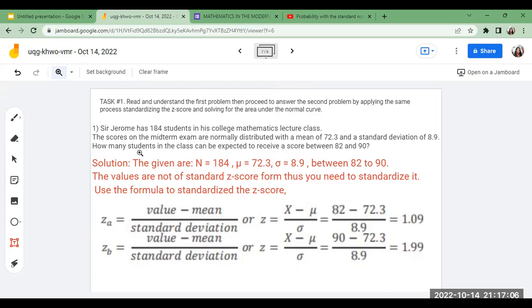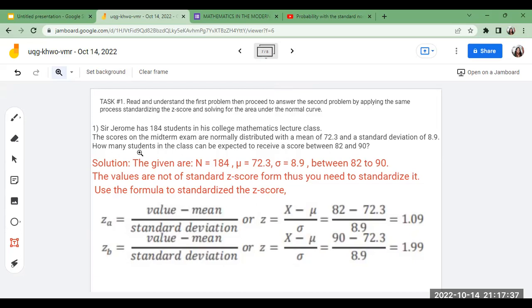And looking at the given problem, the given are n is equal to 184. That's for population kasi there are 184 students. And the mean, that's for population mean, yung symbol na yan, is equal to 72.3 and the standard deviation is equal to 8.9. It is between 82 and 90.